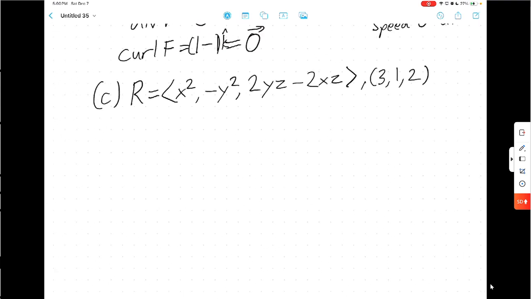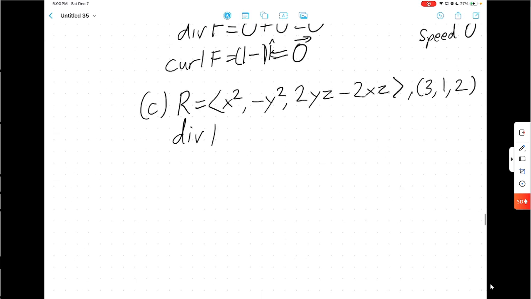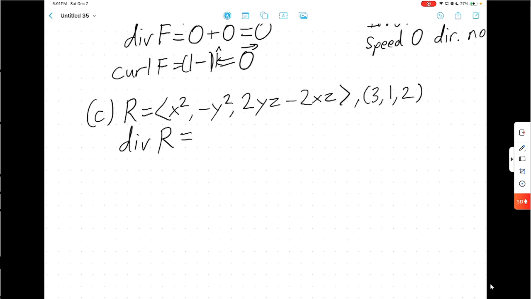We're going to have then afterwards the div of R is going to be equal to the partial of the first one with respect to x, 2x, minus 2y, because this is negative y squared, plus 2y minus 2x, of course. 0.